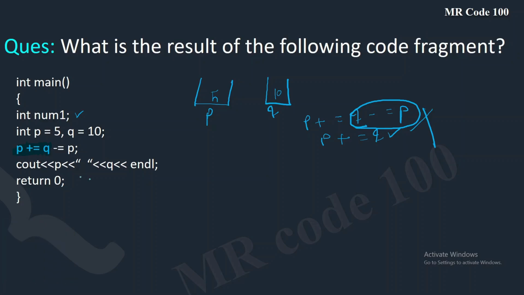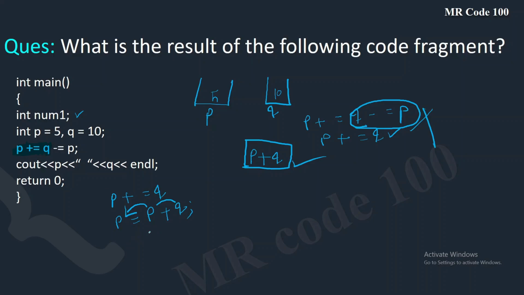This means p plus equals q, p equals p plus q. So can you get it? This is not all about just p plus q. It's actually the value of p plus q being assigned to p. It's not a normal equation that you are thinking in yourself.